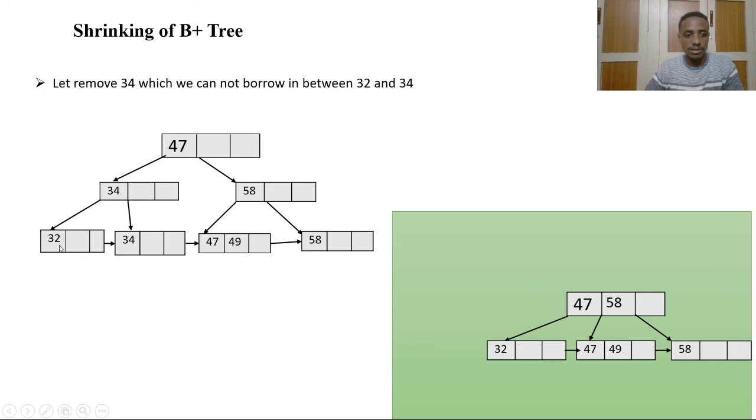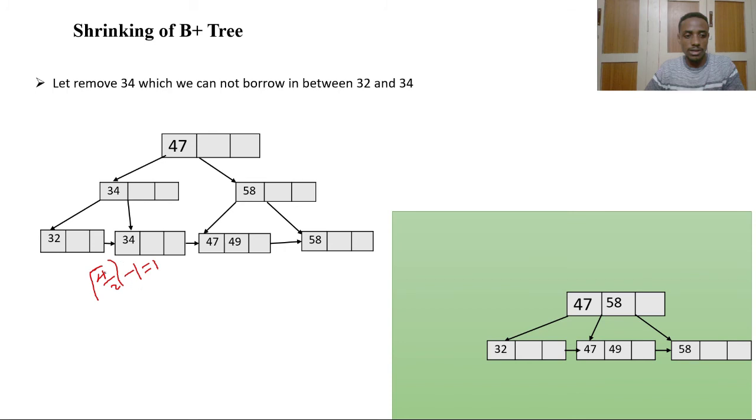So in this case 32 cannot borrow from 34 because 34 already has the minimum number of keys and cannot lend to 32, and that minimum number of keys for order m equals 4 is 4 by 2 minus 1, which is 1. So that is the minimum number of keys that we have to have in each node.